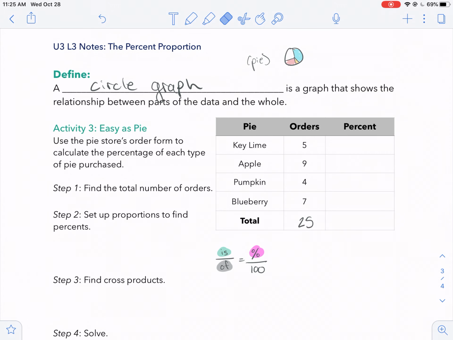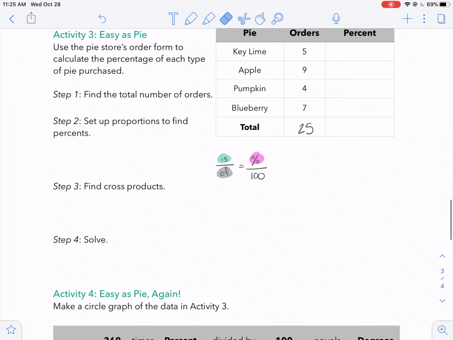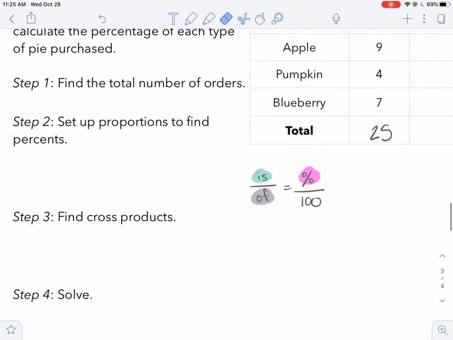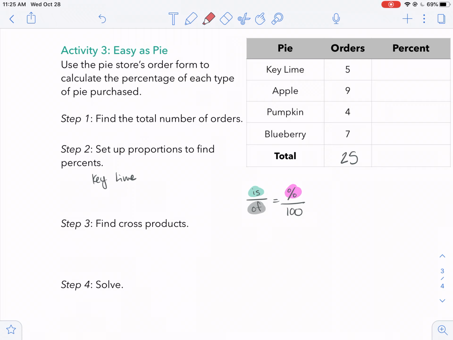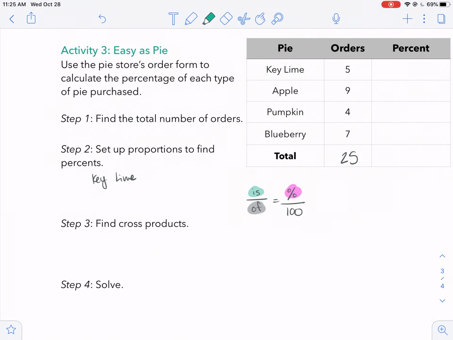Awesome. Now we set up proportions to find out percents. Let's find our key lime pie. We know that our orders, you guys, are going to be our is numbers because we want to find out what percent.